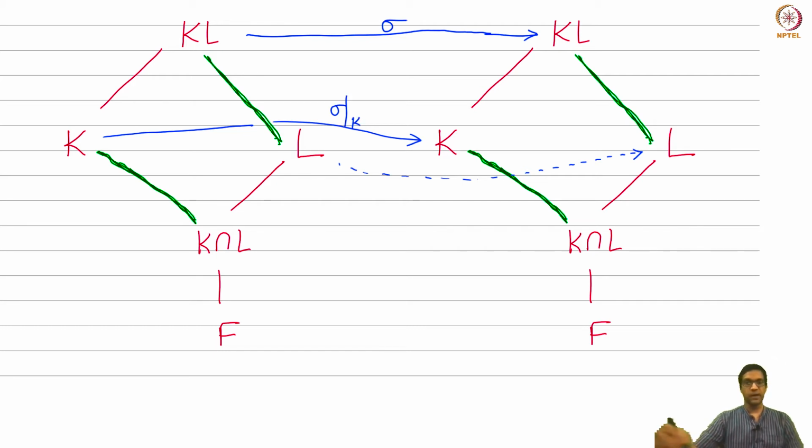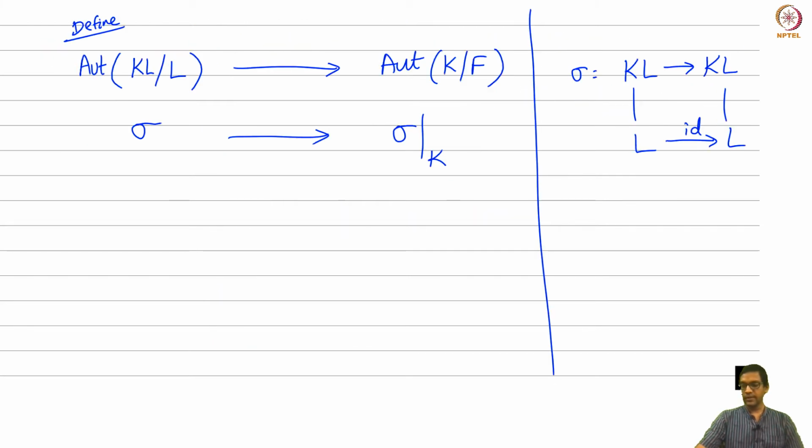Okay, so there are lots of nice parallelograms in this figure. Why is this? For this to be well defined, if I restrict sigma to K, the claim is that sigma maps K to itself.